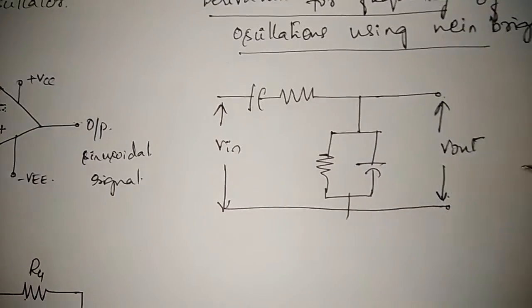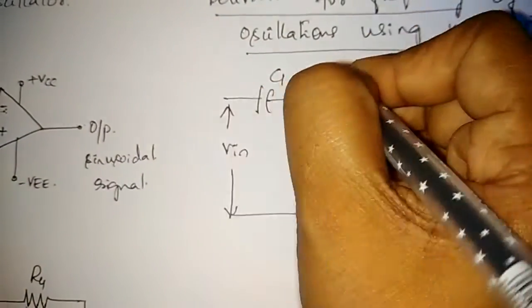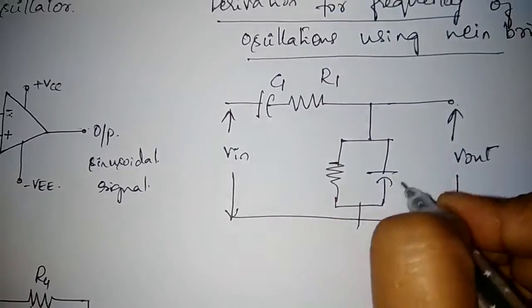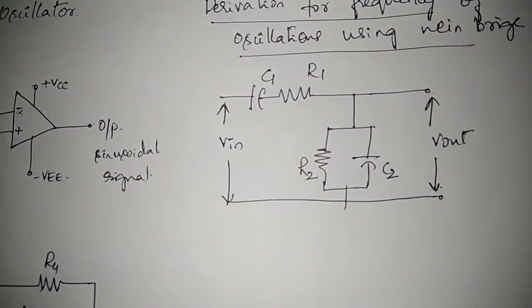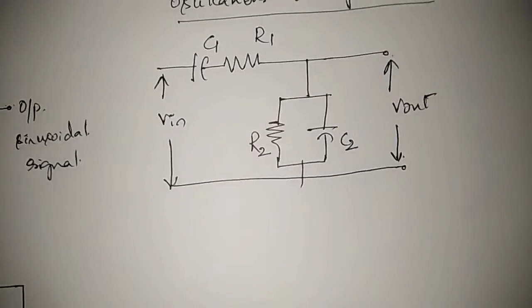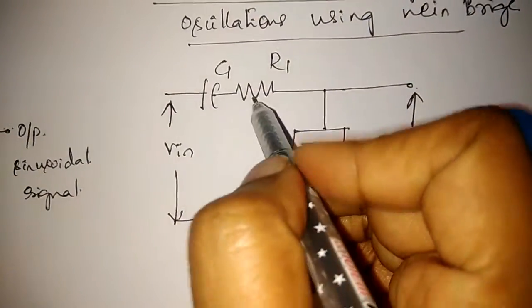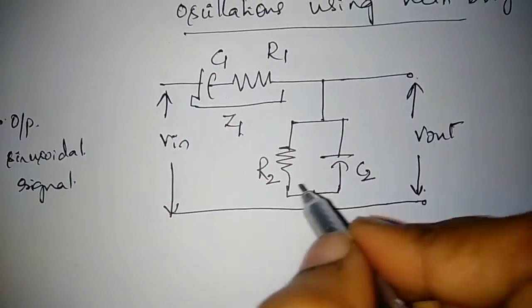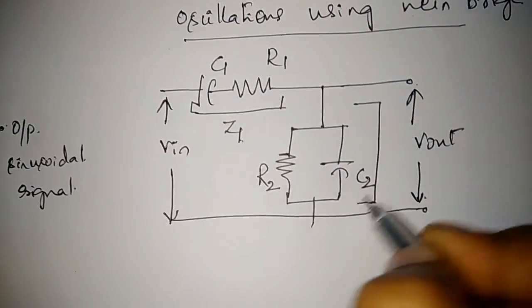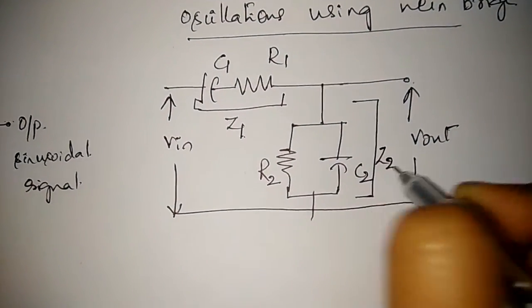Let me take this as C1 R1 and this as C2 R2. Together, C1 and R1 are taken as Z1, and R2 and C2 together are taken as Z2.